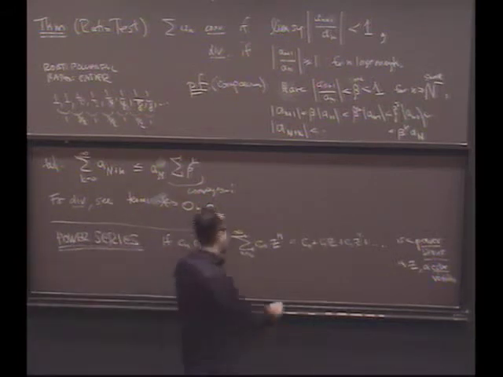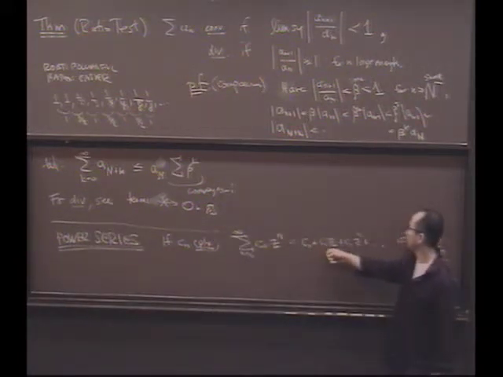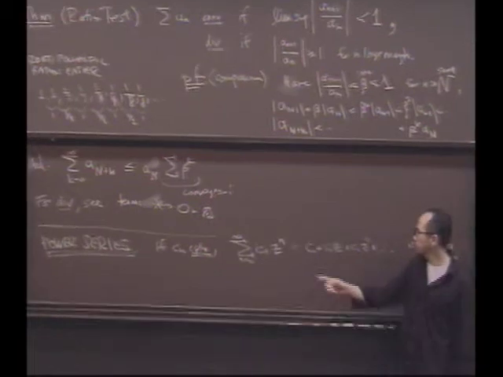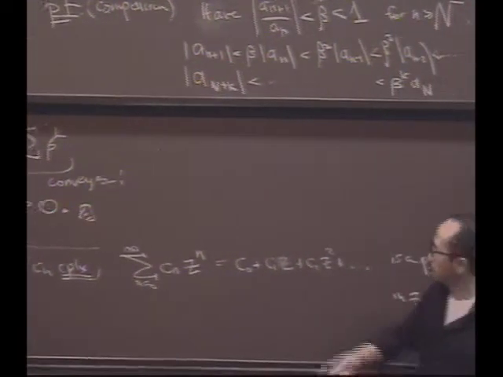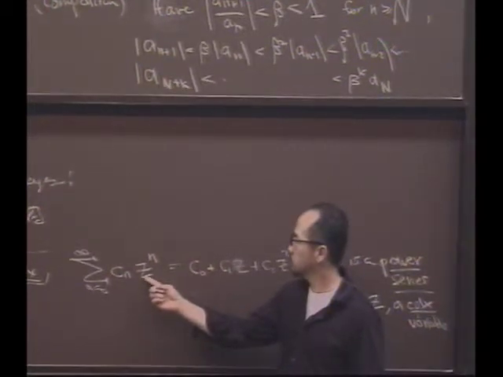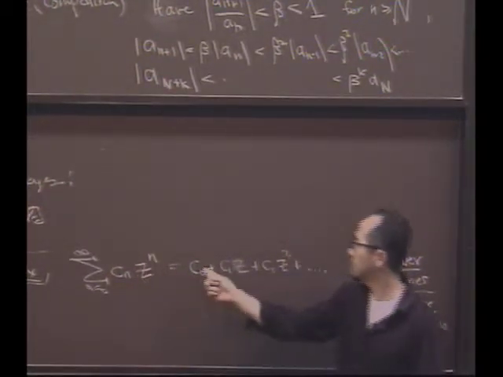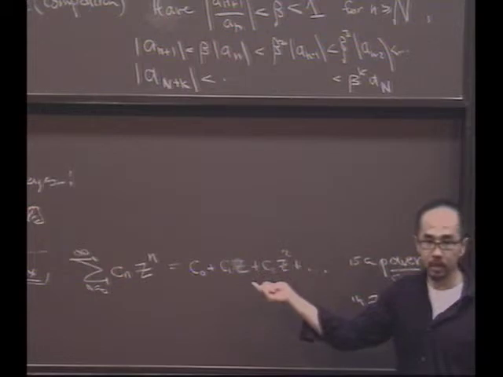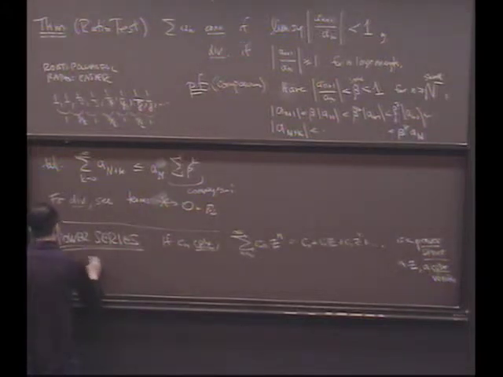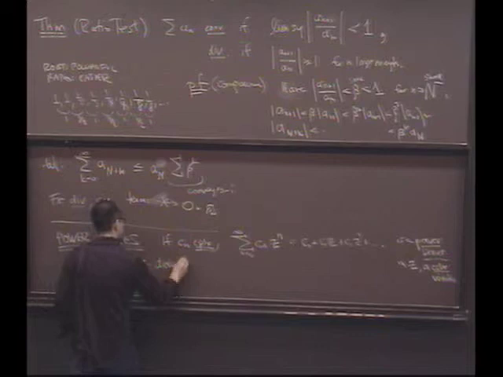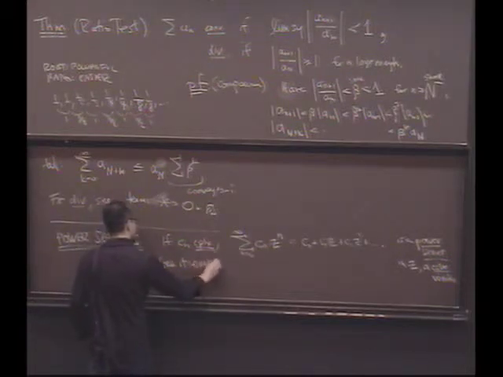I'm given a bunch of C's, right? So Leon gives me a bunch of C's like this, and I say, okay, well, for what values of z does this series converge? That's a question. When does this series converge? So for what z does it converge?